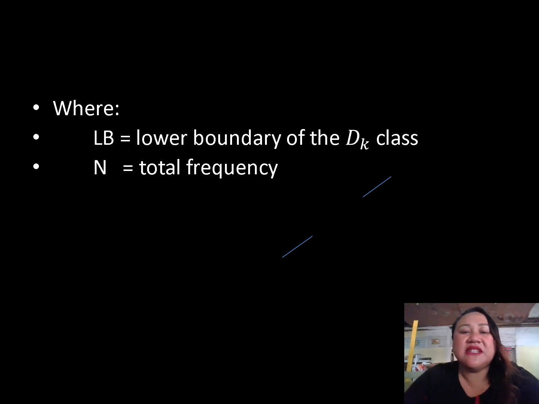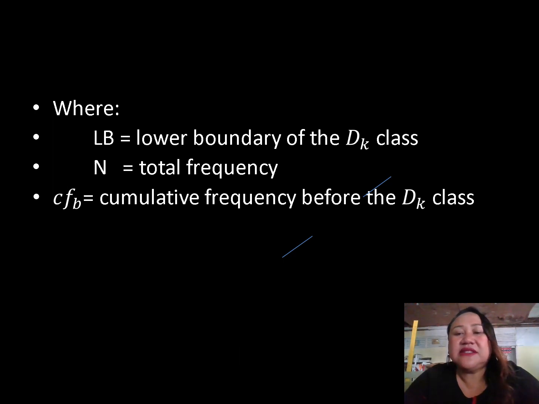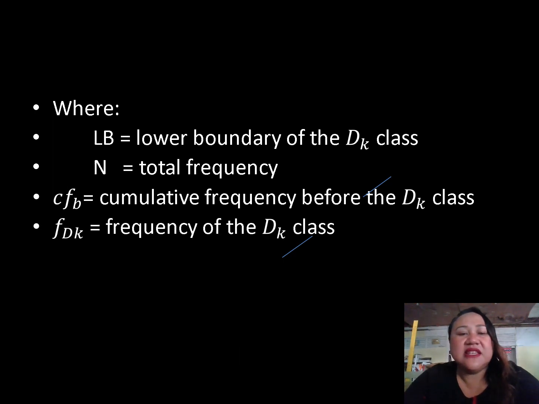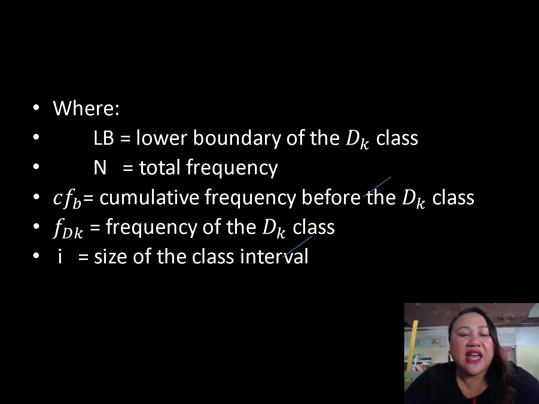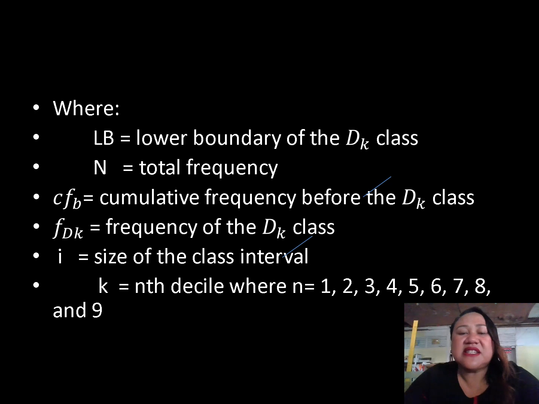Where LB is the lower boundary of the D sub k class, n is the total frequency, and CF sub b is the cumulative frequency before the D sub k class. And then we have f sub Dk, the frequency of the D sub k class. i is the size of the class interval. k is the kth decile, where k is equal to 1, 2, 3, 4, 5, 6, 7, 8, and 9.